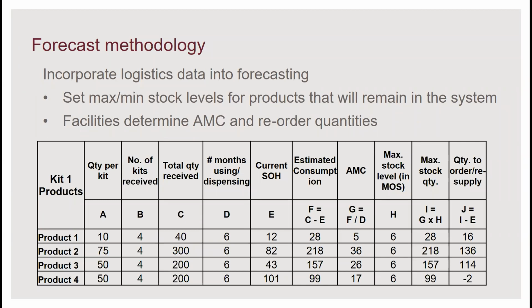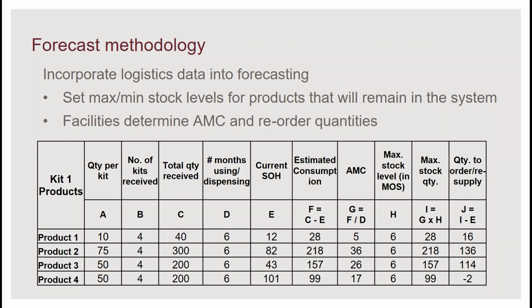But remember that our forecast data originally resulted in a number of kits, but now we need logistics data on the individual products. For this, facilities can calculate and report their estimated average monthly consumption for each of the kit contents based on the total quantity received, whether a number of kits received or a number of products, what quantities from these kits they received, the number of months used, and the quantity remaining as shown here in the table.